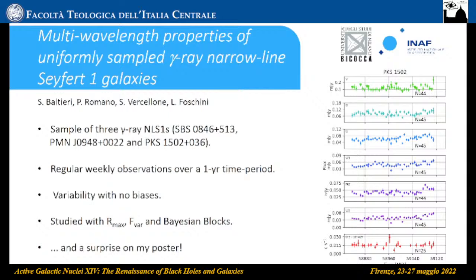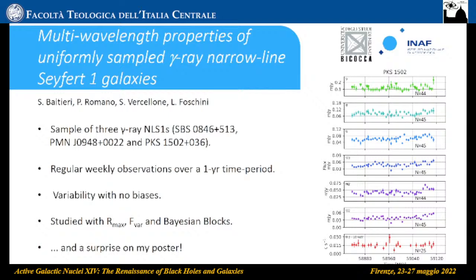In particular, these observations were taken at very regular time intervals of around a week for a total time period of a year. So in this way, we were able to eliminate any type of biases towards, for example, follow-up observations. So we studied their light curves and their variability in the 7 energy bands, 6 for UVOT and 1 for XRT.